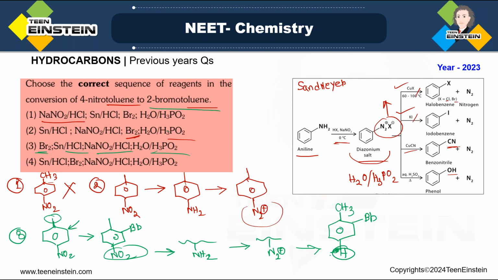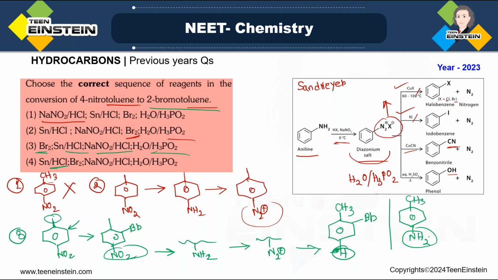And what is the problem with the last reagent? In the last reagent, if you first start with Sn/HCl, what do you get? You get NH2. And next you are using bromine. Now NH2 is activating, CH3 is also activating. NH2 is basically more activating, because it has not just a +R effect, which is stronger than the +I effect. Now what will happen?